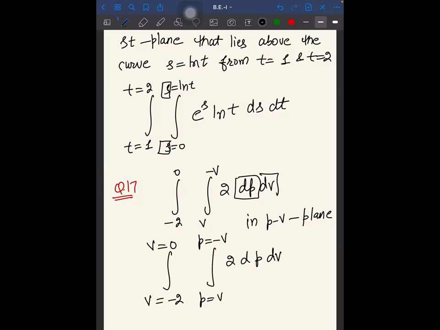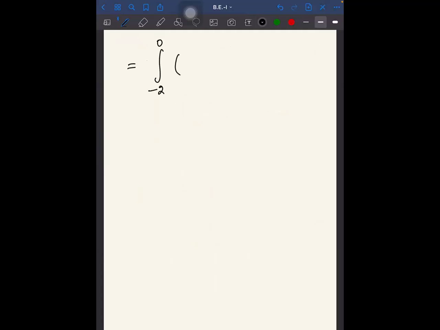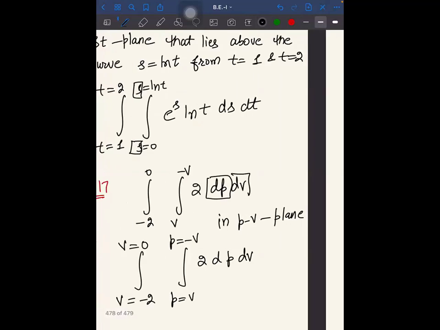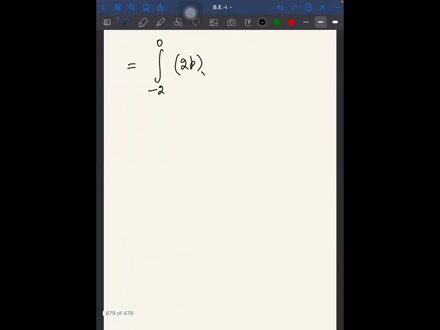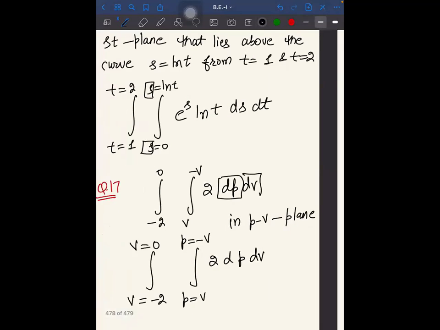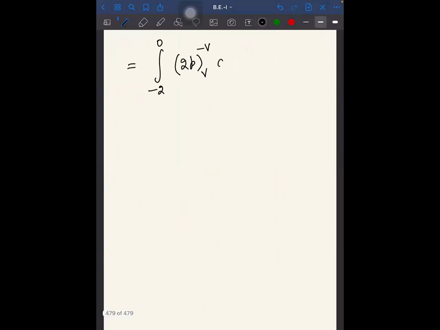What will be the integration of 2dp? It is 2p. So -2 to 0, 2p, and p runs from v to minus v, and then you have dv, and these are the limits of v.